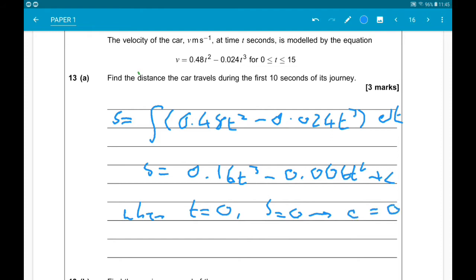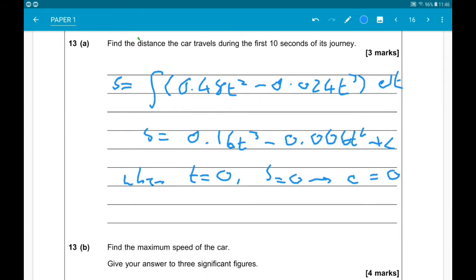Okay, so now we just need to find S when t is 10.